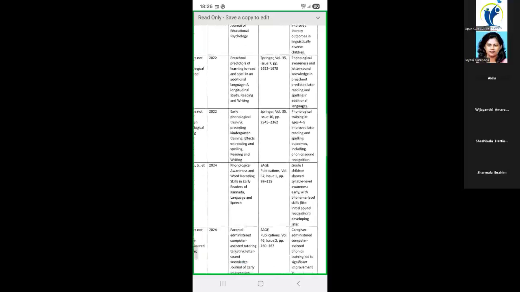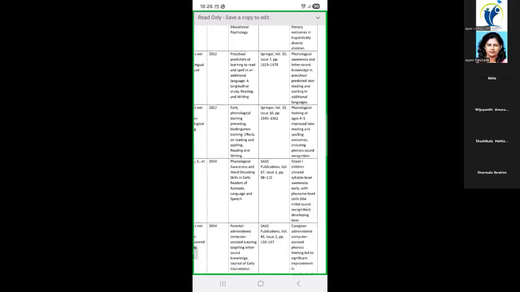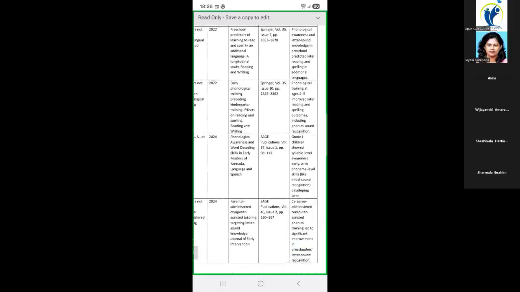The next one: phonological training at age 4 to 5 improved letter reading and spelling outcomes, including phonic sounds recognition. The next one: grade 1 children showed syllable-level awareness early, with phoneme-level skills like initial sound recognition developing later. The last one: caregiver-administered computer-assisted phonics training led to significant improvement in preschoolers' letter sound recognition.